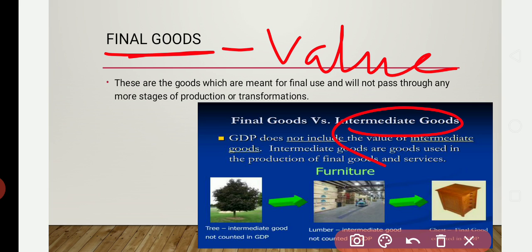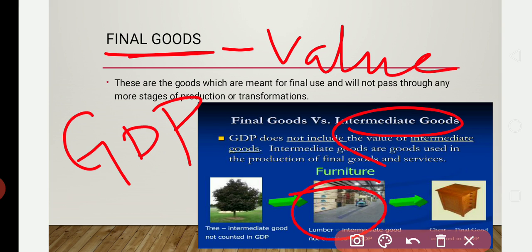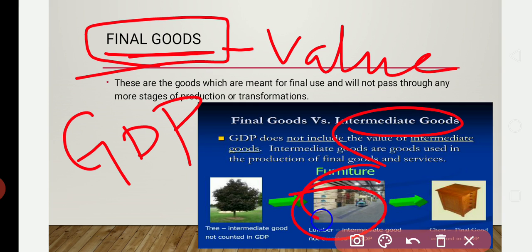Here an intermediate good is given. This intermediate good cannot be counted in the GDP. While calculating the GDP, we consider only the final goods value, not the intermediate goods value. Once the final goods are sold, they come out of the economic activity, and only those final goods and services which enter the market are added. Such goods are called final goods.